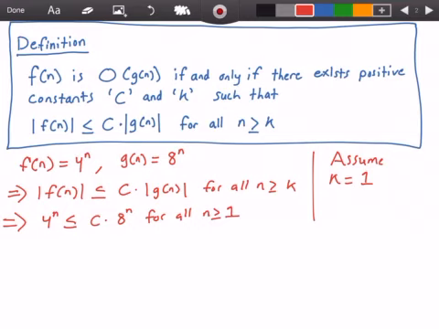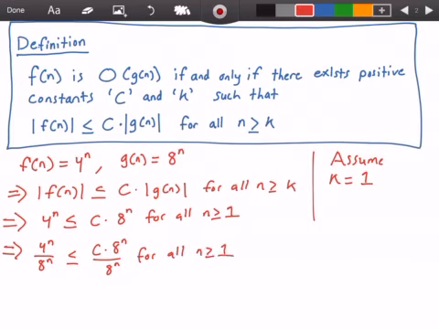And now all we need to do is find that c value that will make this equation true. All right, so what I can do is divide both sides by 8 to the power of n. And what we get is 4 to the power of n divided by 8 to the power of n is less than or equal to c times 8 to the power of n divided by 8 to the power of n for all values of n greater than or equal to 1.